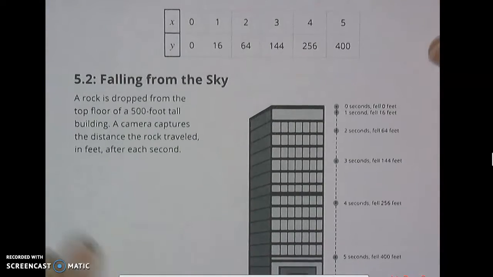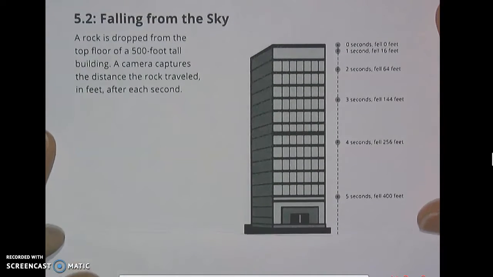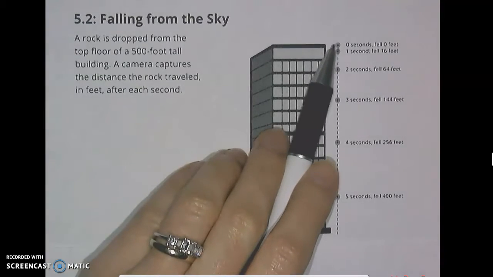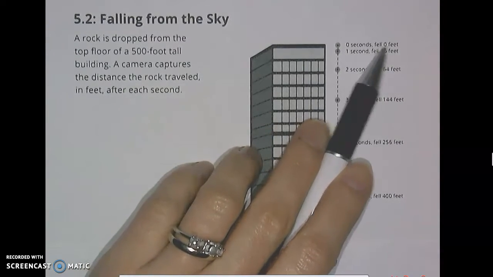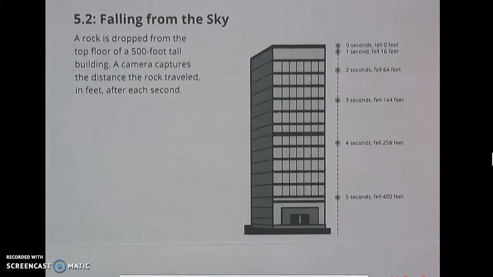So here we have a rock being dropped from the top floor of a 500-foot building. A camera captures the distance the rock traveled in feet after each second. They're dropping it from the top of the building, so at 0 seconds it fell 0 feet. That's also very important, that we're talking about how far this is falling, not the distance to the ground.